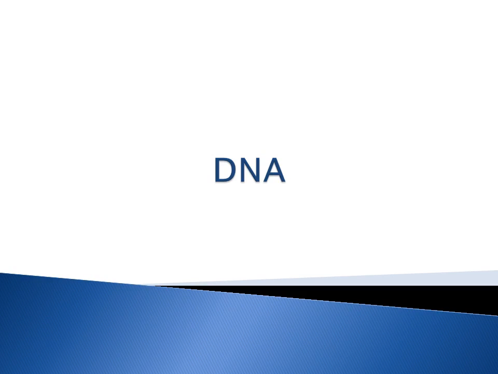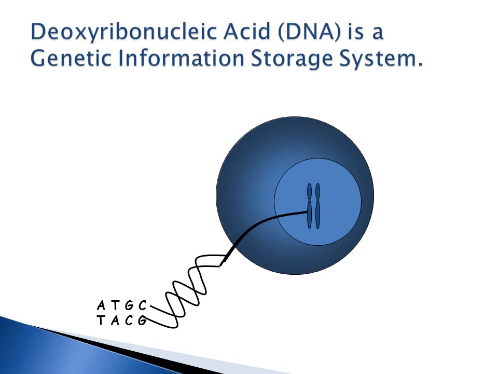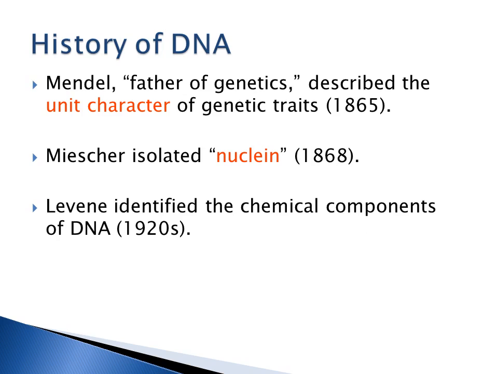So DNA. DNA is what we're going to discuss first in this lecture. DNA is deoxyribonucleic acid, and it's the genetic information storage system. So all of our cells need DNA in order to function. So a little bit of history of DNA.